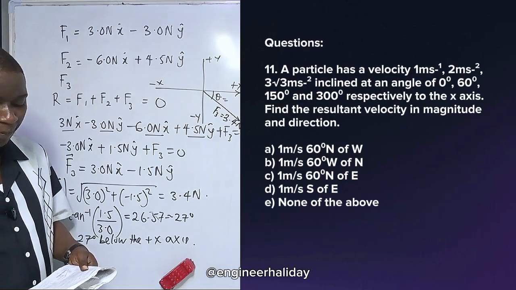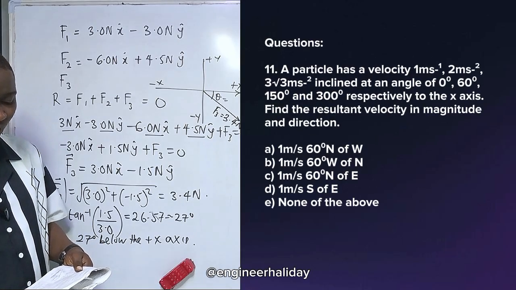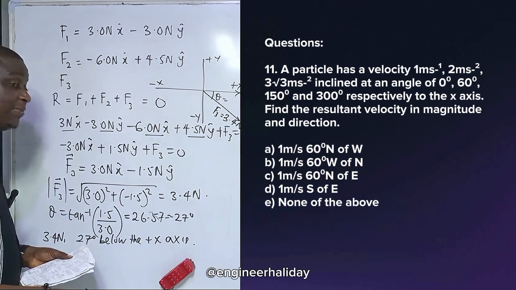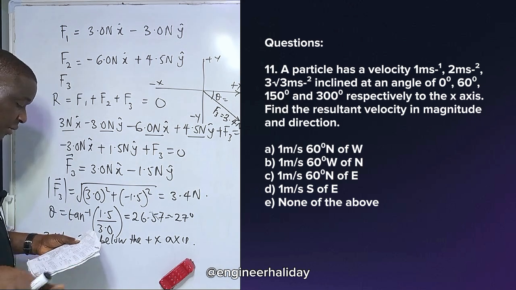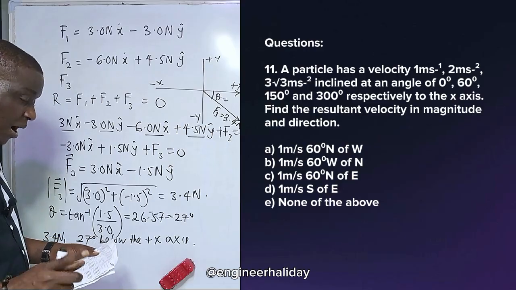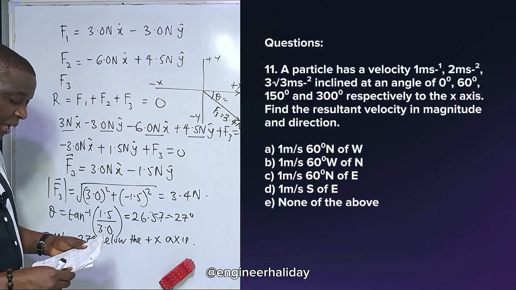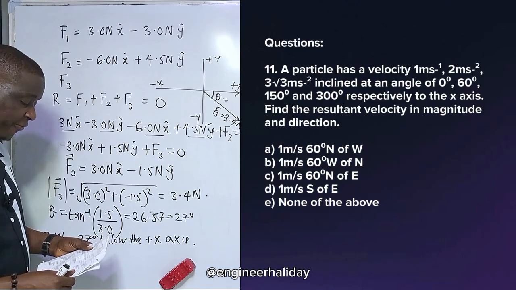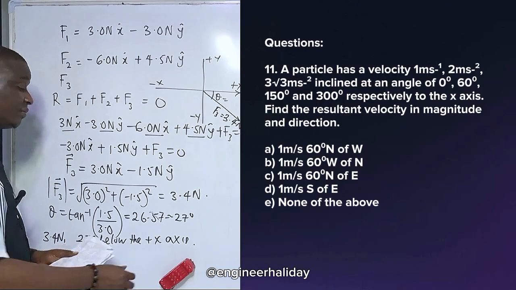Now they say a particle has velocity components 1 meter per second, 2 meter per second, 3 meter per second, and 4 meter per second.